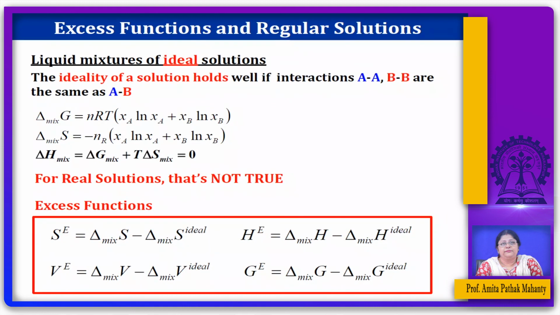So if I look into the expression for delta S, then I can write down the delta S excess associated with non-ideality, which is nothing but the delta S mix after the processing minus the delta S in the ideal state. Similarly, we can find out all the excess functions.